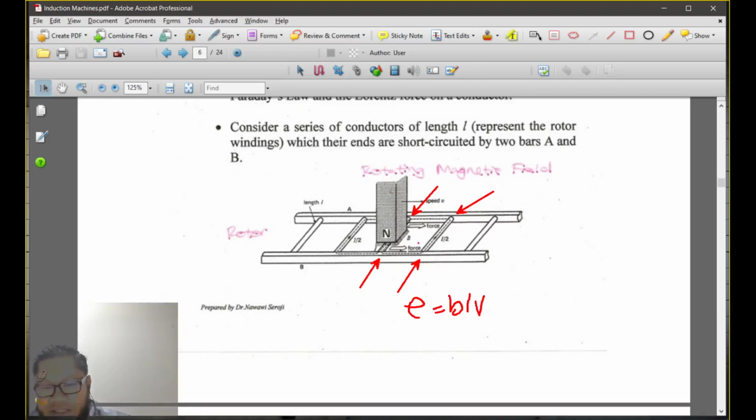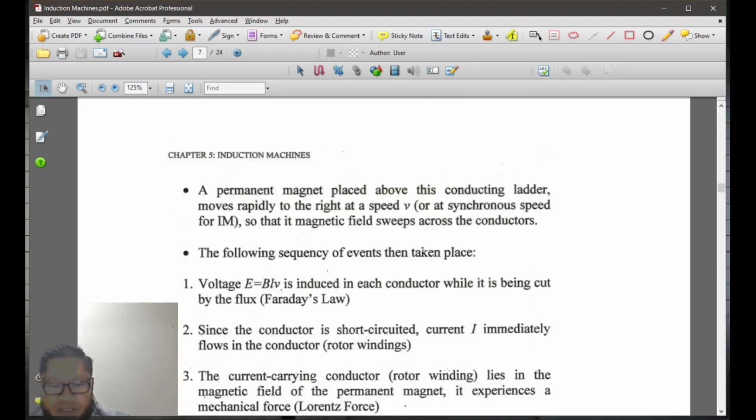B is the magnetic field, L is the length, and V is the speed of the magnetic field, which gives you E. This voltage results from Faraday's law: because of the flux, a voltage is induced in each conductor when it is cut by the flux.